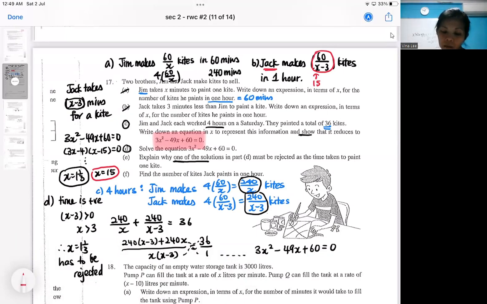It is quite a long question and it's a very typical O-level question. Every single exam will have this. Question 18 is also under rates. So question 17 and 18 are under the same idea of rates.